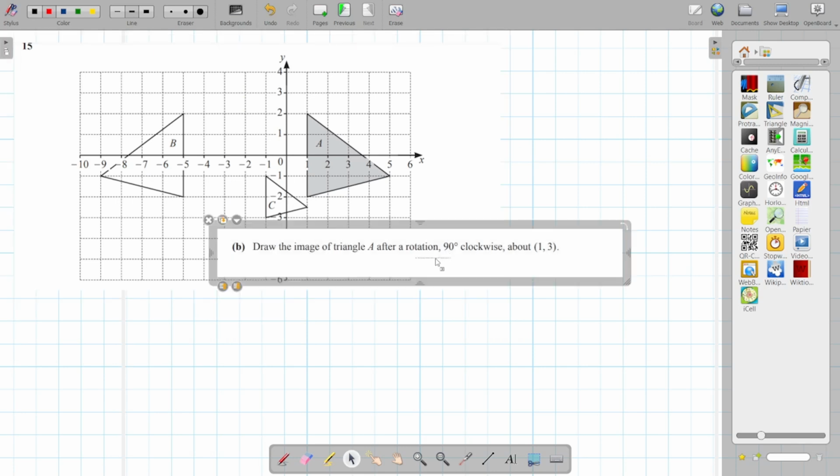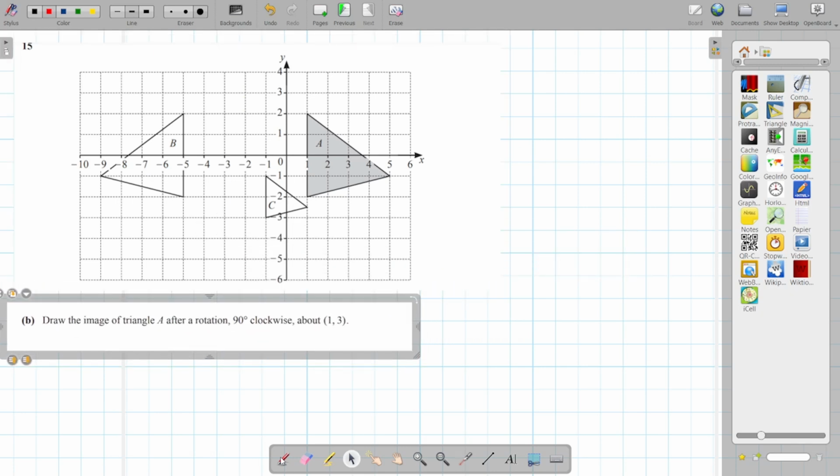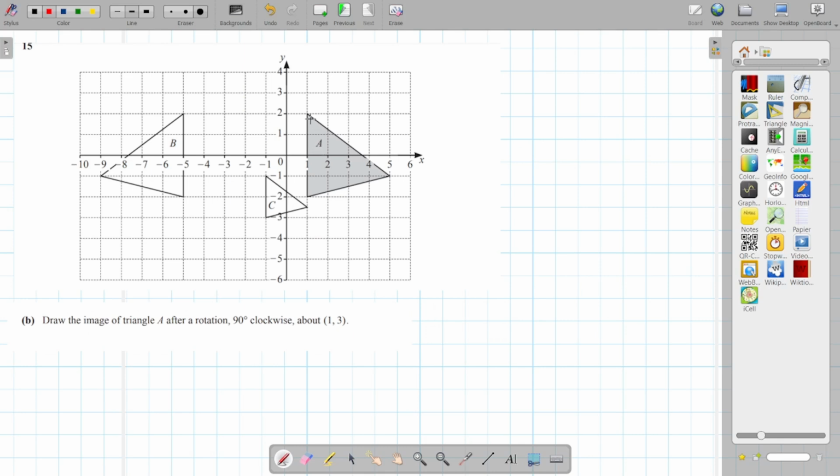Triangle A has three vertices, and I rotate each vertex. The first one is 1, 2. The second one is 1, minus 2. And the third one is 5, minus 1. So you have to rotate each of these three.